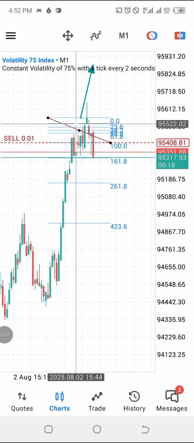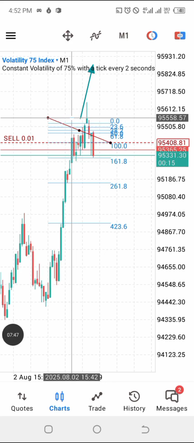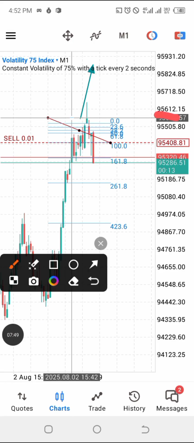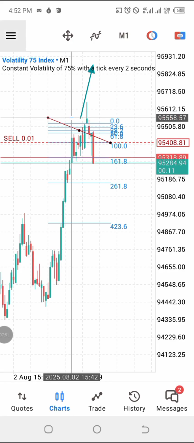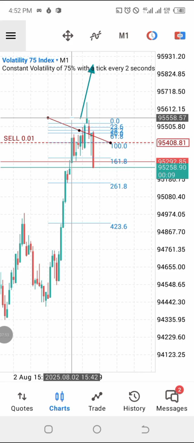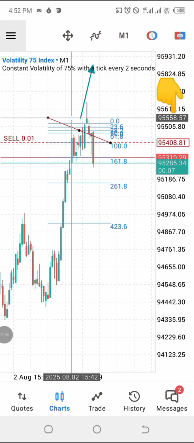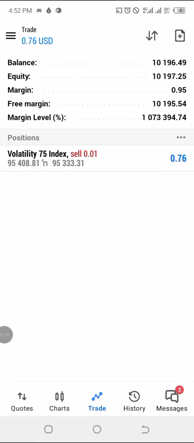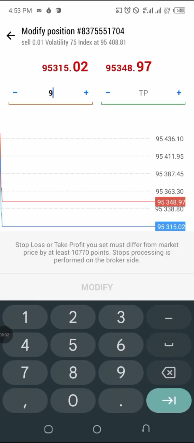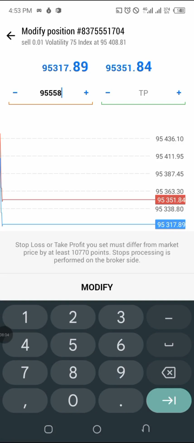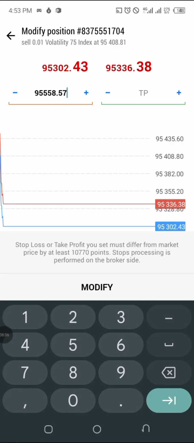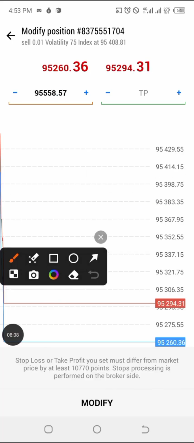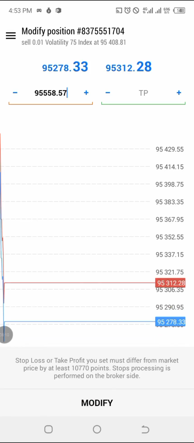So see, this is my stop loss, which is 95,858.57. Then you tap on modify.